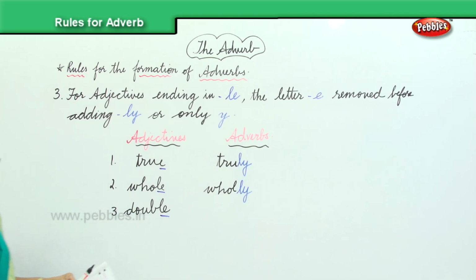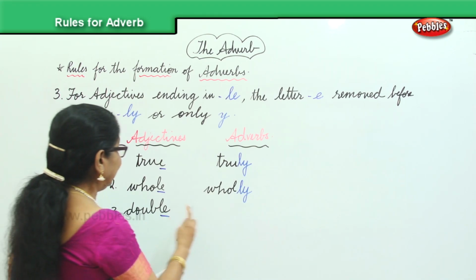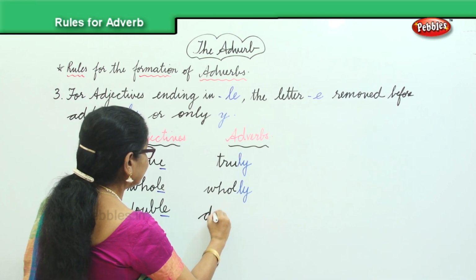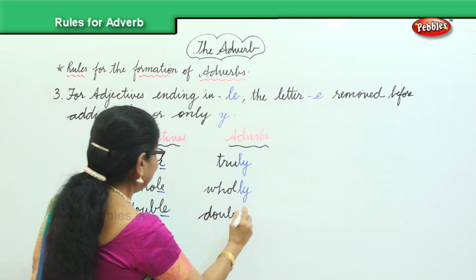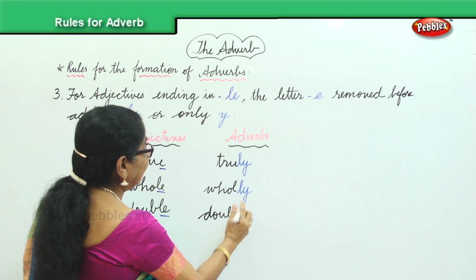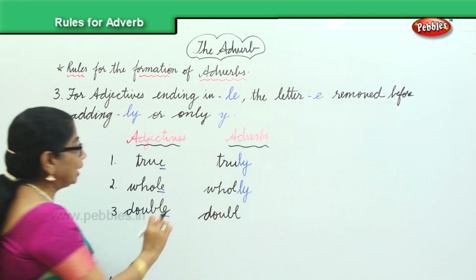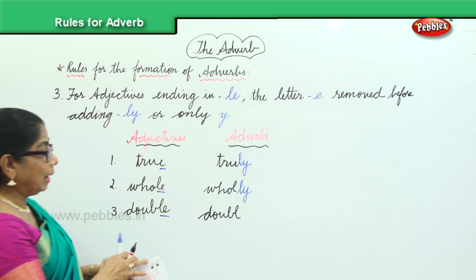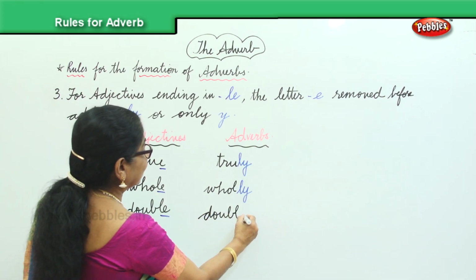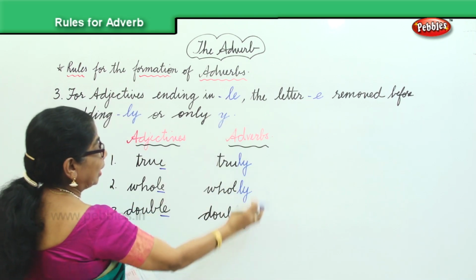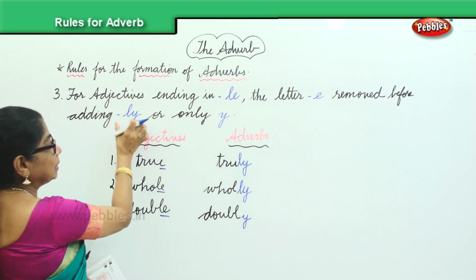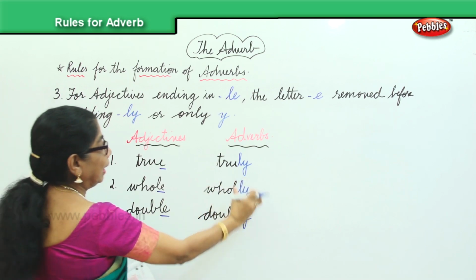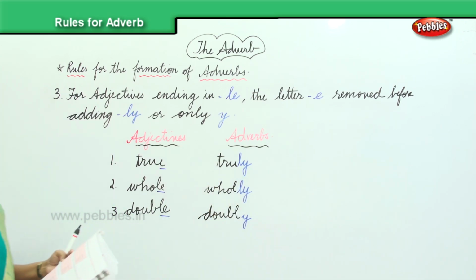And in double you leave B, L, you take away E, and you add Y. In this case you added Y, in the others you added ly. So doubly. So you have truly, wholly, and doubly.